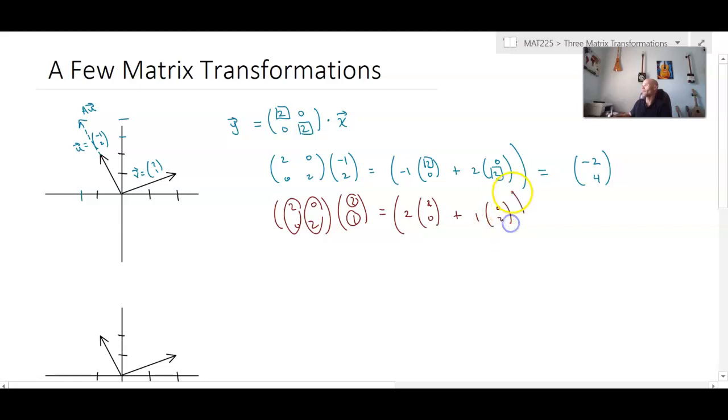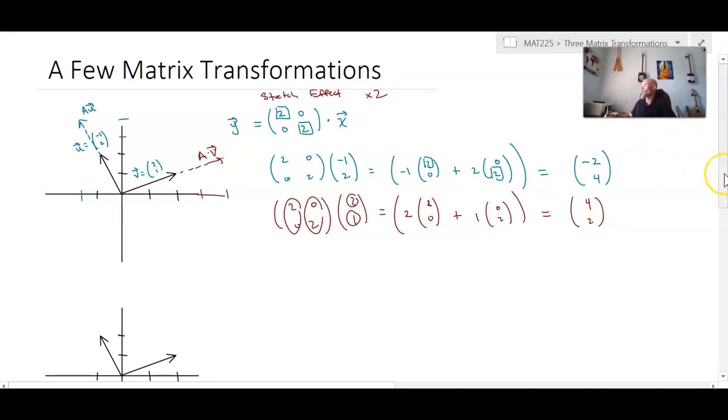Summing these together, you'll notice again that our x and y components are both getting doubled, and we'll end up with the vector 4, 2, which once again is in the exact same direction, but double its length. That's going to be A times V. So we can see that this has a stretch effect, and I'll write times 2 because it's going to double the length of that vector.